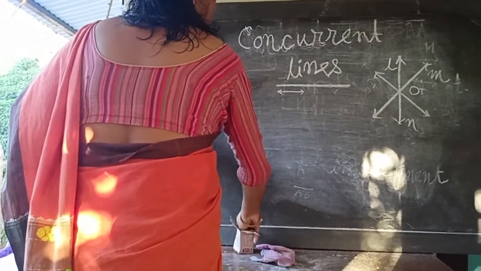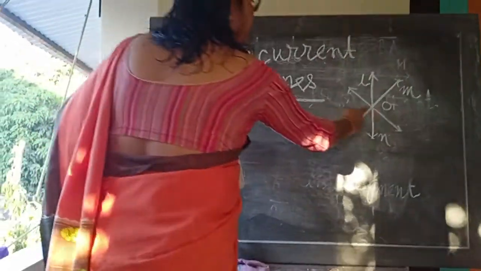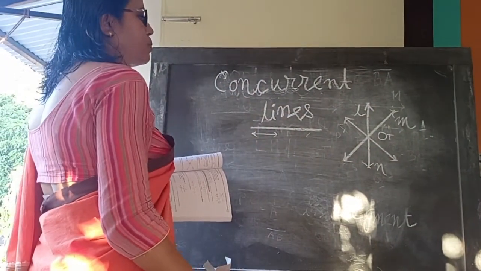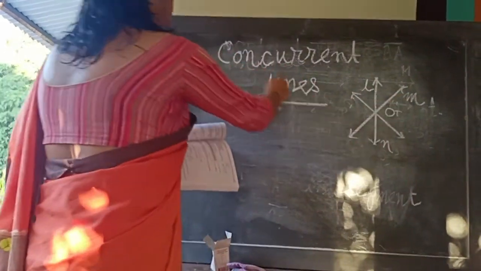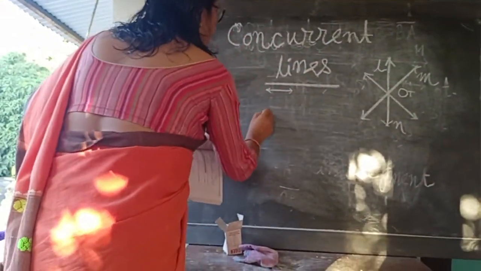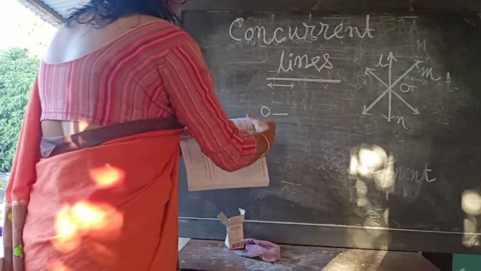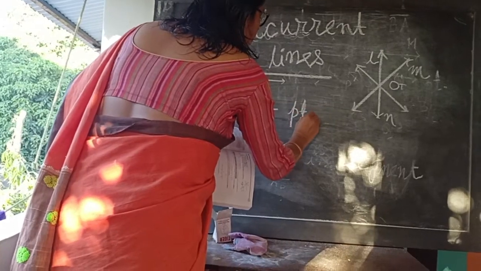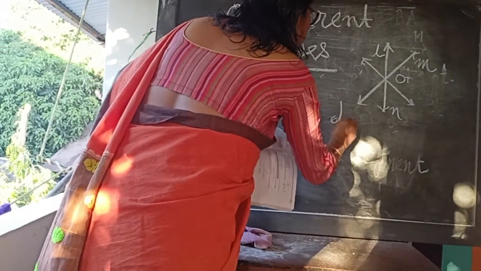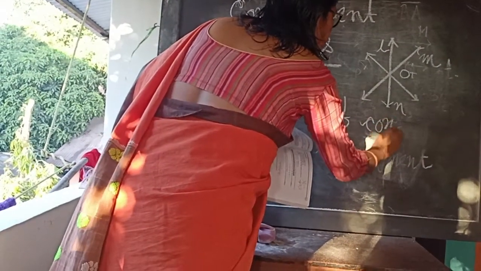So l, m, n are known as concurrent lines and O is called the point of concurrence.